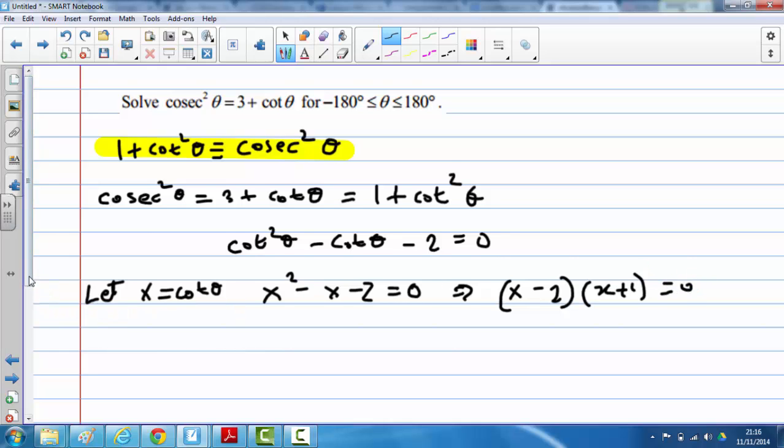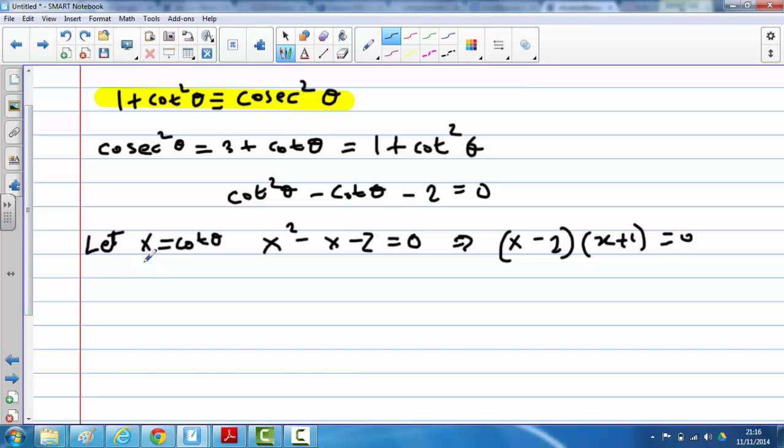And so we've got x equals 2 or x equals minus 1, and that gives us cot theta is therefore equal to 2 or cot theta equals minus 1.